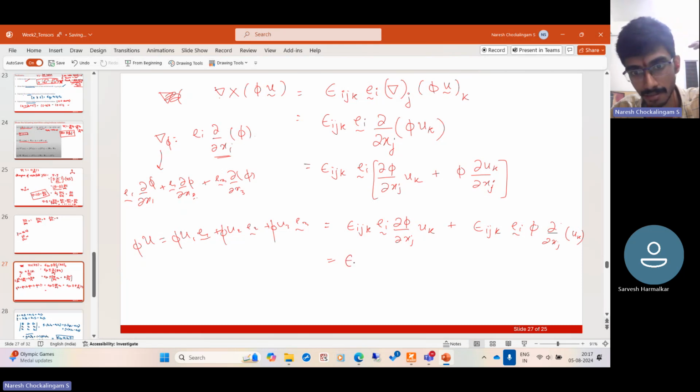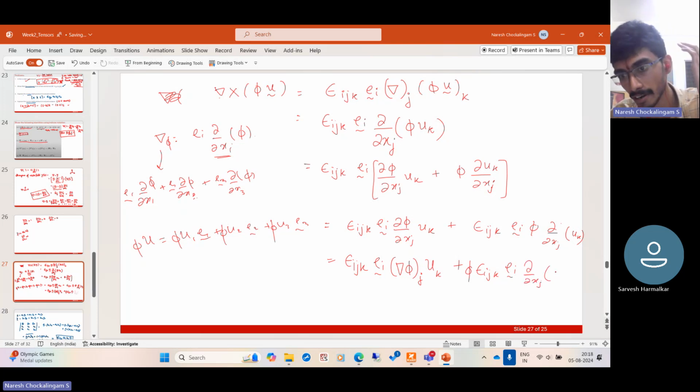So this is nothing but epsilon ijk e_i grad phi's jth component u_k plus epsilon ijk e_i. Phi is a scalar and it doesn't have any indices. You can take the phi out. And this dou by dou x_j is the jth component of grad operating on the kth component of u.